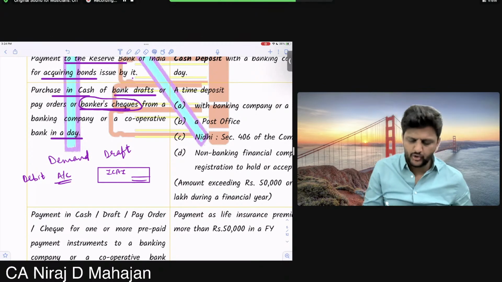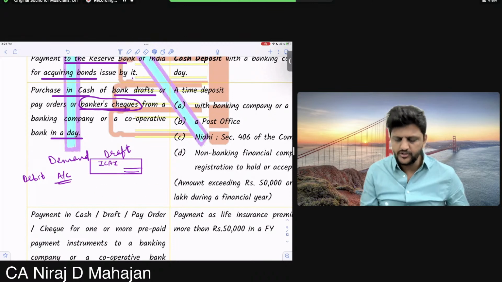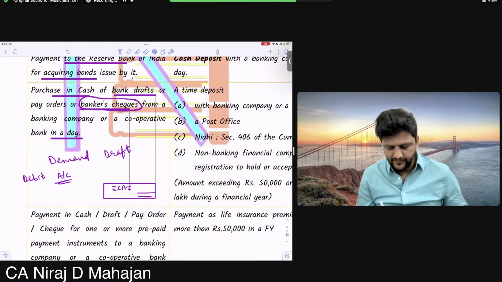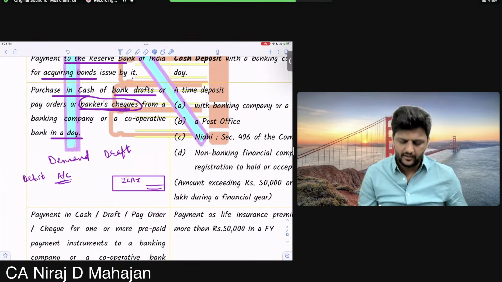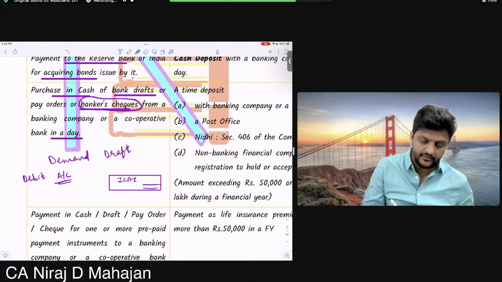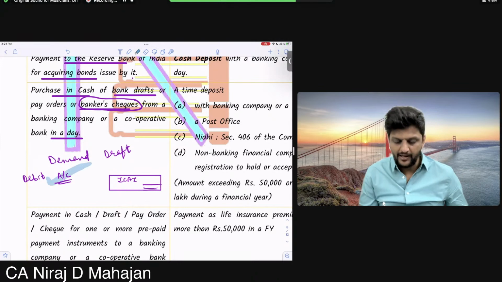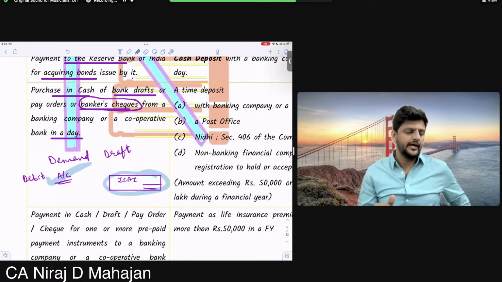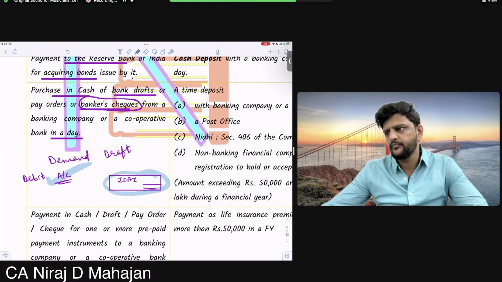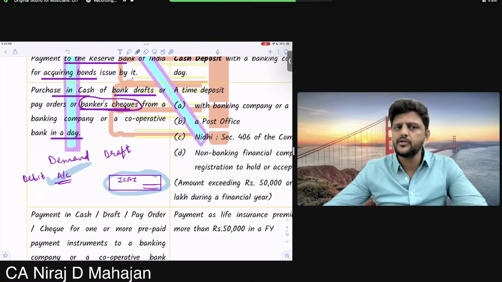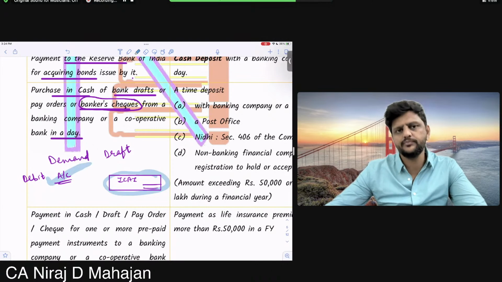You will submit this demand draft to ICAI, and ICAI will present it to its own bank, and it will be honored. Why? Because the bank has taken the guarantee, and the bank has already debited the account also. Are you getting it, everybody? So demand drafts cannot fail, bachcho.